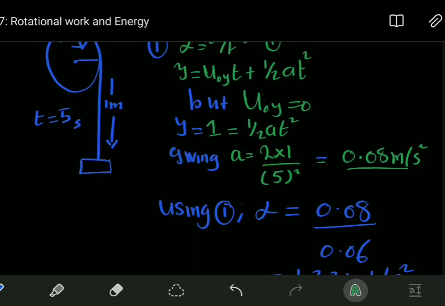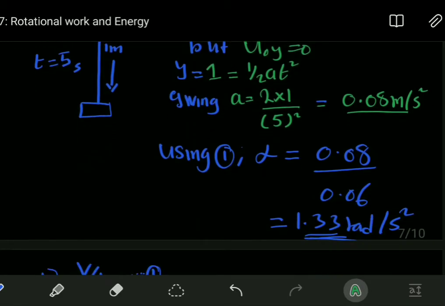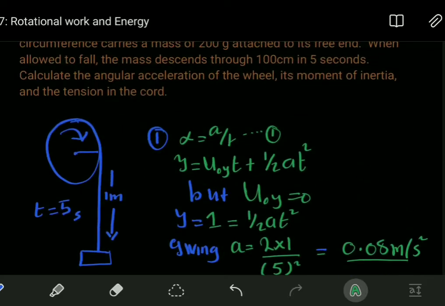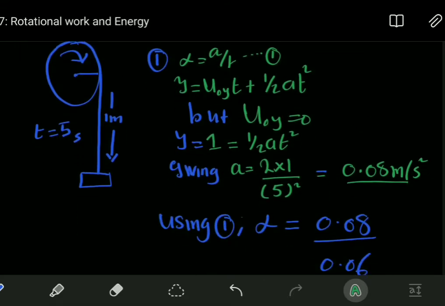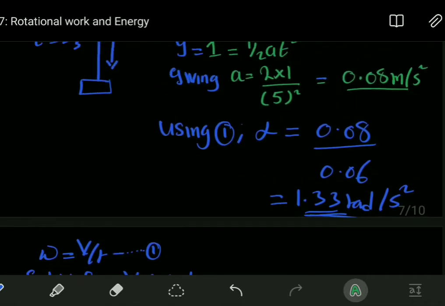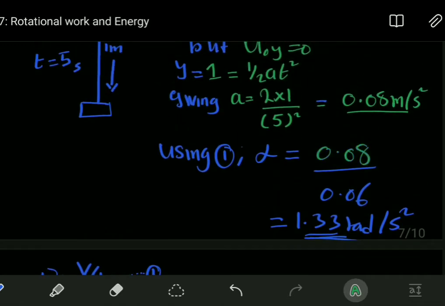Okay, so we have found the acceleration, and it's going to assist us as we try to find the angular acceleration. Using equation 1, angular acceleration is given as tangential acceleration over the radius, which is a over r. We just found our a as 0.08 over our radius.